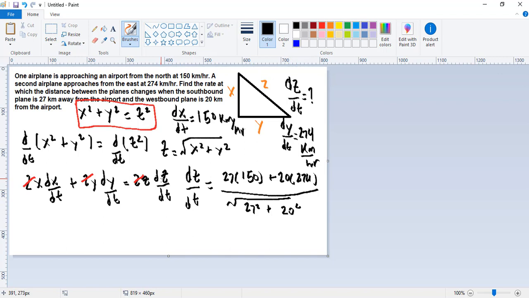Now, if we do that computation for dz dt, we should get that dz dt is approximately 284 kilometers per hour.